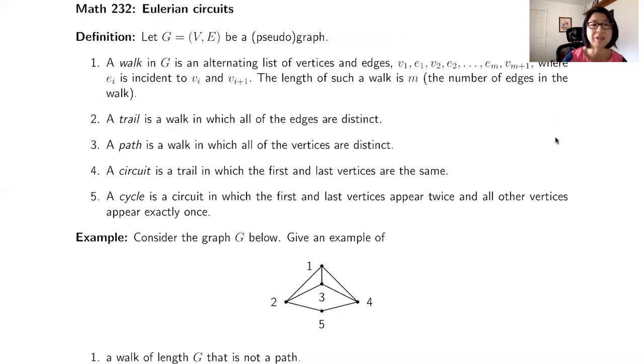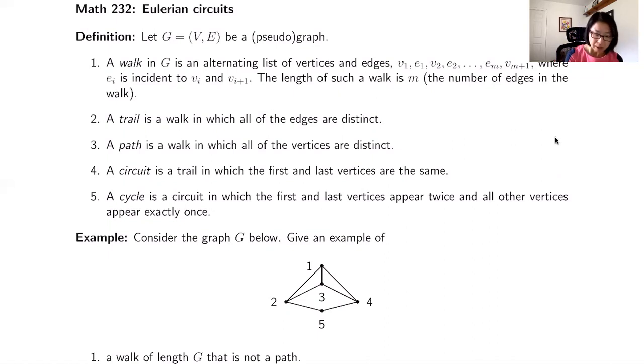Okay, so let's formalize the notion of a walk. Given a graph or a pseudograph G, a walk is an alternating list of vertices and edges where there's the start vertex V1, and then the edge E1 has V1 as one endpoint and V2 as its next endpoint. Then the edge E2 has V2 as its first endpoint and V3 as its next endpoint, et cetera.